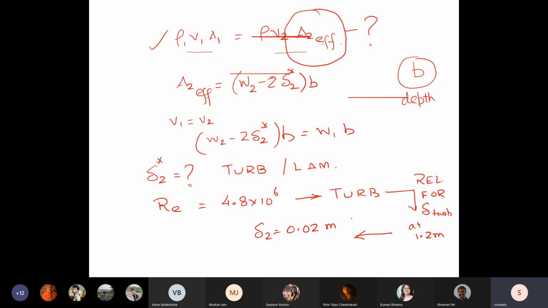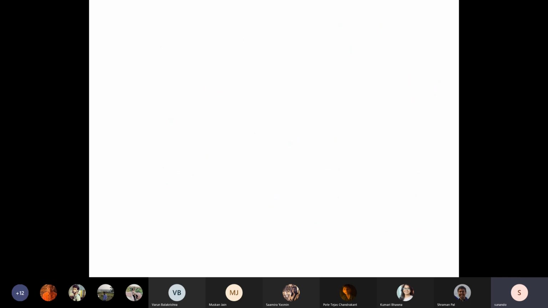With this check, the next thing that remains is the expression for delta star. You know that it's the integral from 0 to delta of 1 minus small u by capital U times dy.